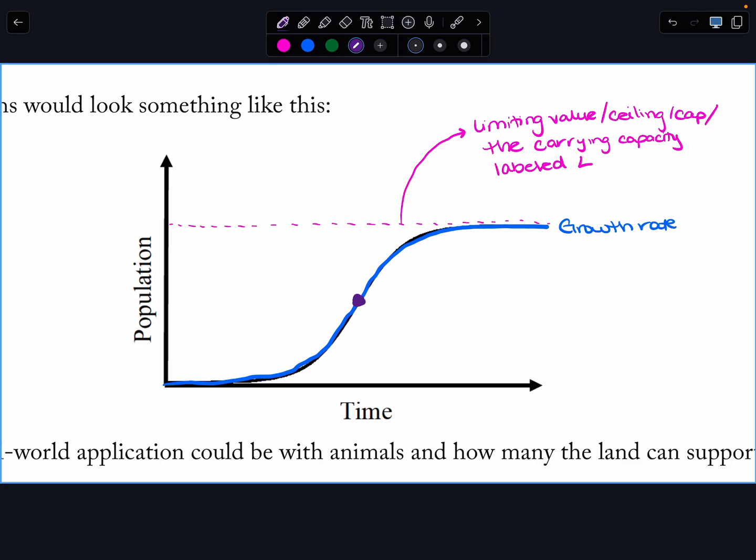Below this point of inflection is where the growth rate is increasing, or what we say is speeding up.